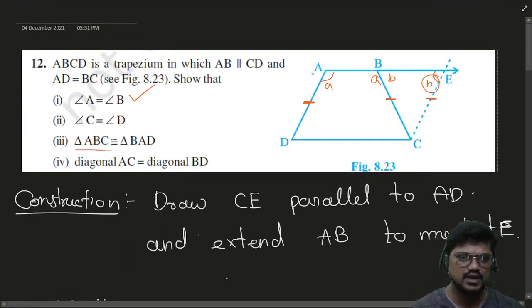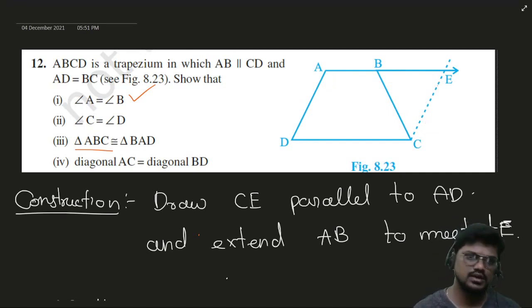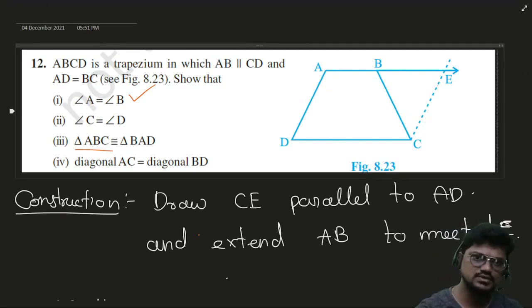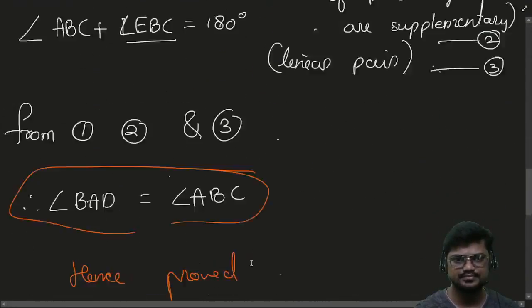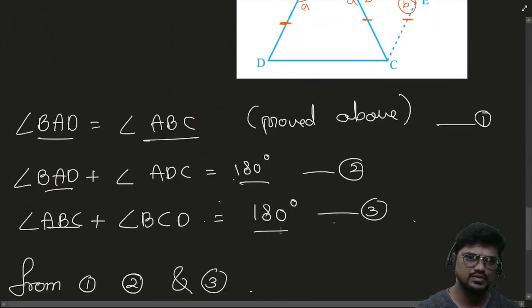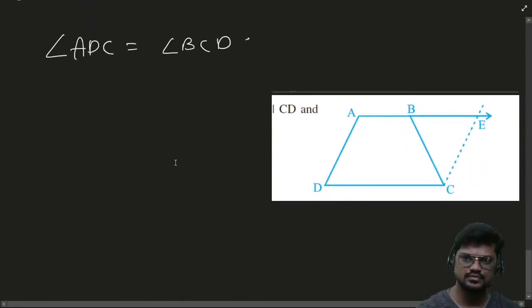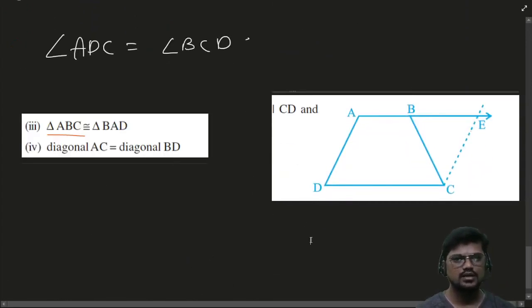Next, what you have, triangle ABC. Triangle ABC is congruent to triangle BAD. Fine, we can prove that also. Let's take this triangle first, quadrilateral first. Just a moment. These two things we need to prove still. Triangle ABC.